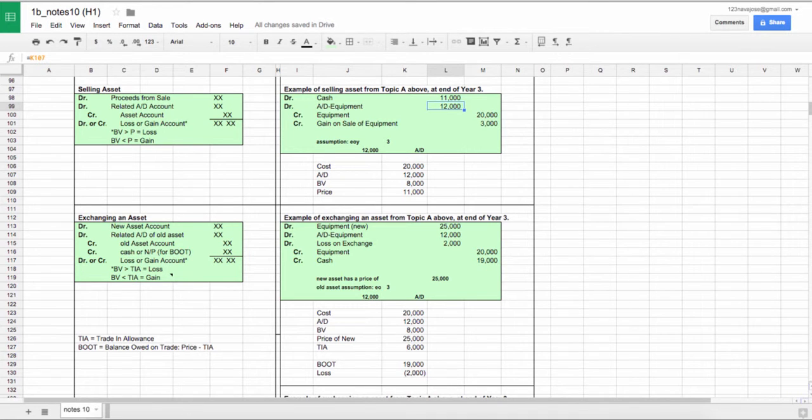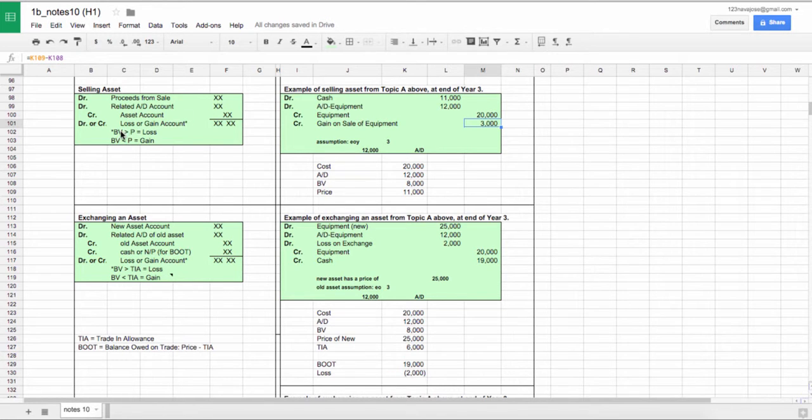You then sell the asset for $11,000, and at the same time you're getting rid of an asset that has a book value of $8,000. 20,000 minus 12,000 is 8,000, and you got 11. You must have a gain of $3,000.